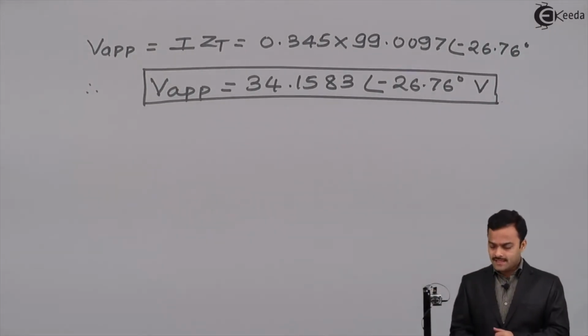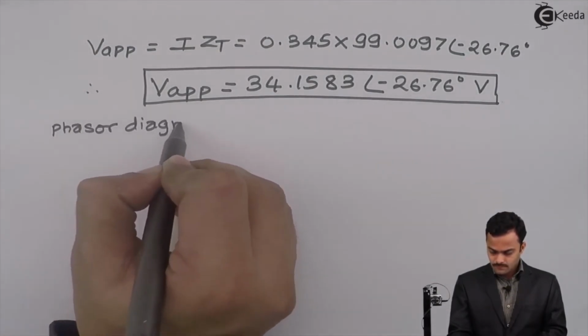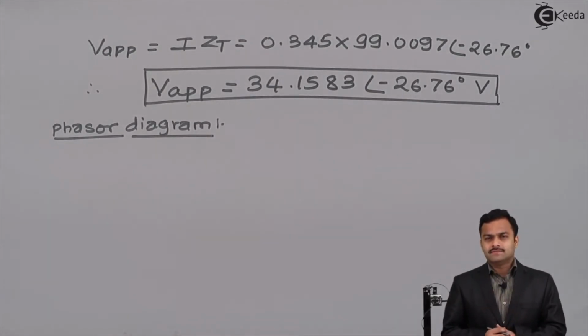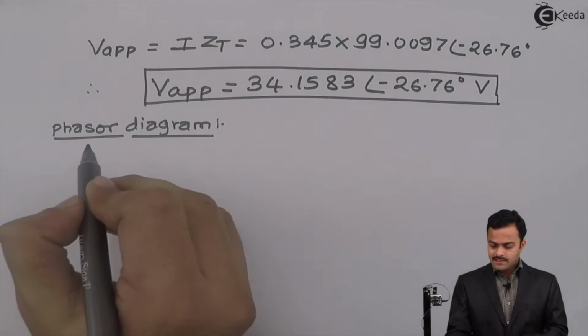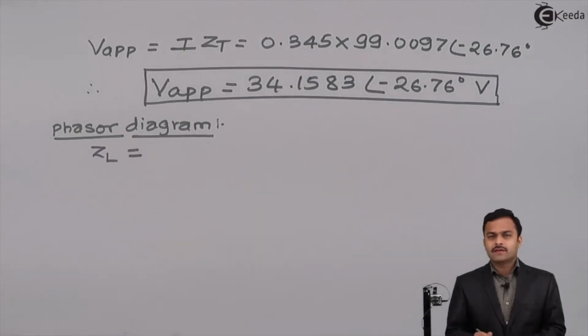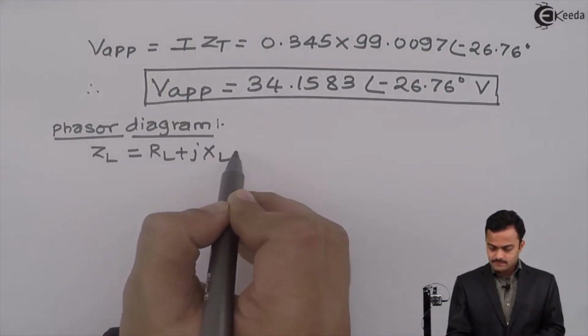Now let's draw a phasor diagram. All the voltages are indicated except their phase angle is not known. So obviously, whatever the phase angle of impedance we will obtain, that will be the phase angle of voltages. So let's solve one by one. I will consider first ZL. ZL is given as RL plus JXL.